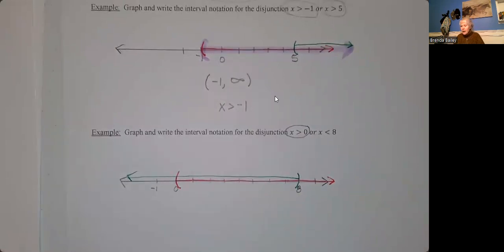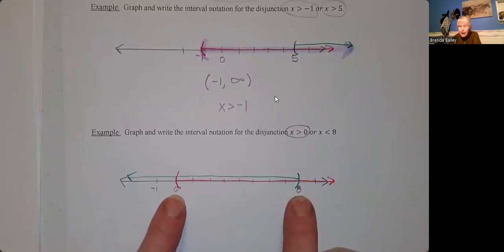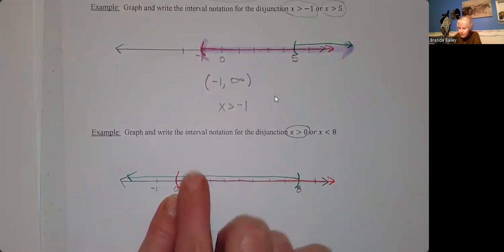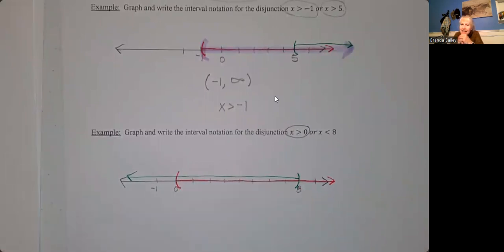Now, if we had a conjunction or an intersection, our answer would be between 0 and 8, because that's the section both graphs have in common. But this isn't what they're asking. They want a disjunction; they want us to combine the two. Notice that when we combine the two, everything is graphed. There is no section that's not graphed. This one takes care of everything over here, and this one takes care of everything over here.